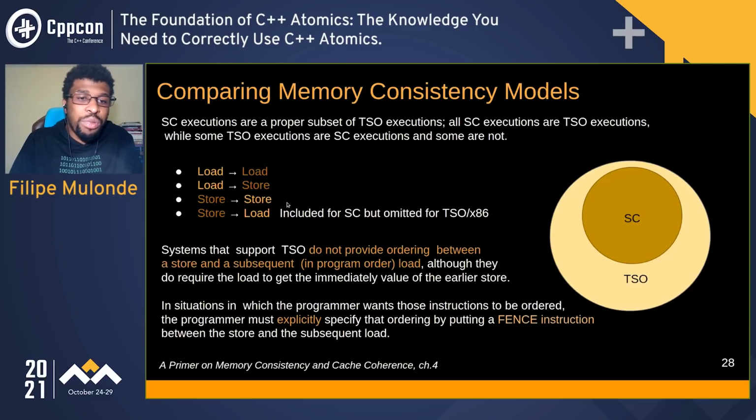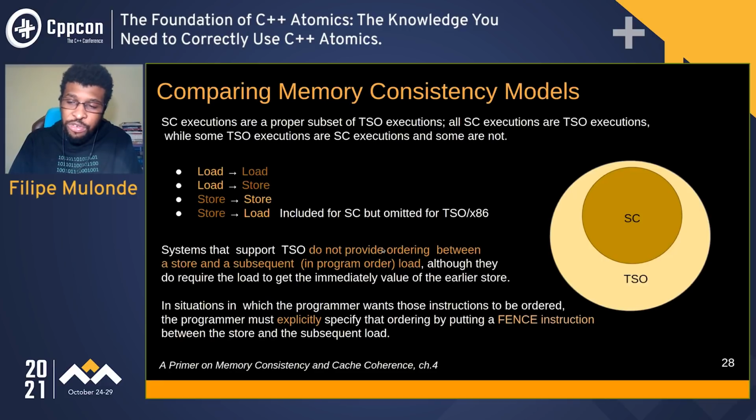Here we have another example that illustrates the difference between TSO and sequential consistency. Under sequential consistency and TSO, loads and loads cannot be reordered, loads and stores cannot be reordered, stores and stores cannot be reordered, but a store can be reordered with a subsequent load in TSO, while under sequential consistency, it cannot be reordered.